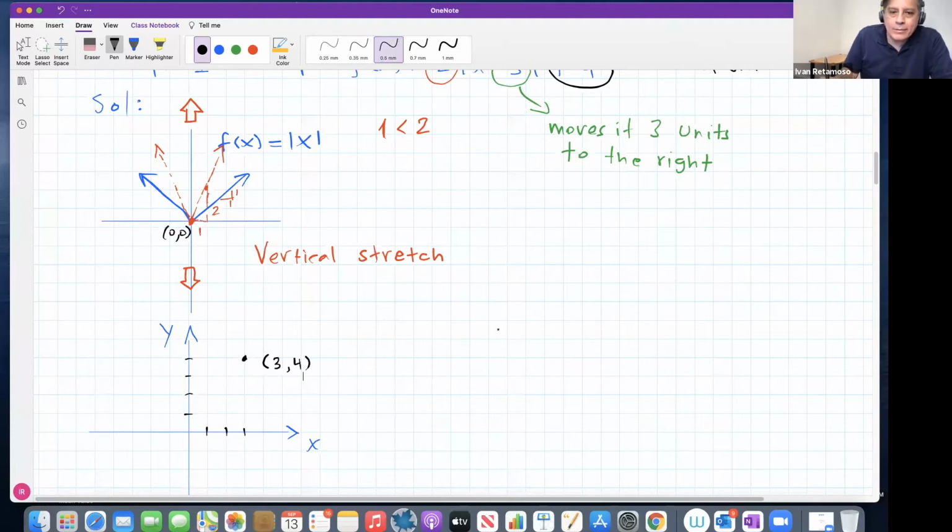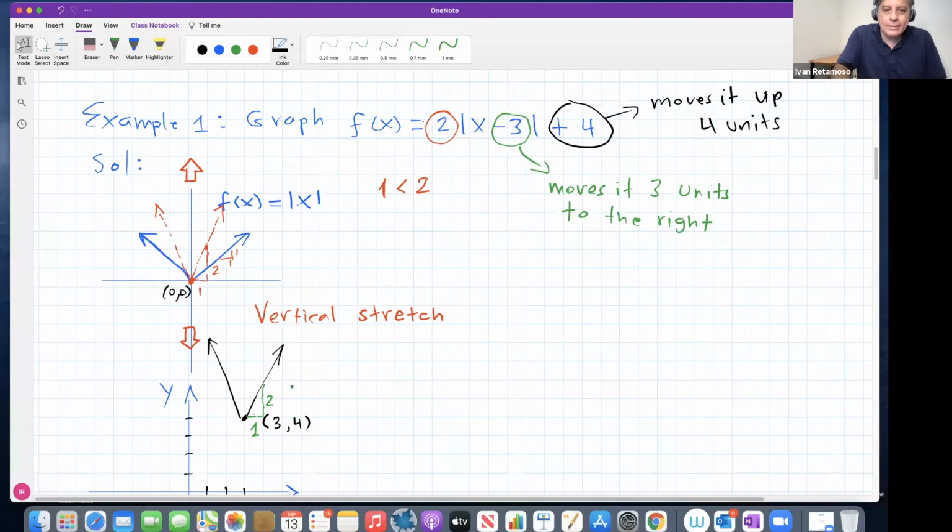3, 4, important point. Now from there, I have to draw this V as in victory, but now it's steeper. Because now you're going to go like this, more or less. The new slope is going to be 2 to 1, because it's being stretched vertically by a factor of 2.